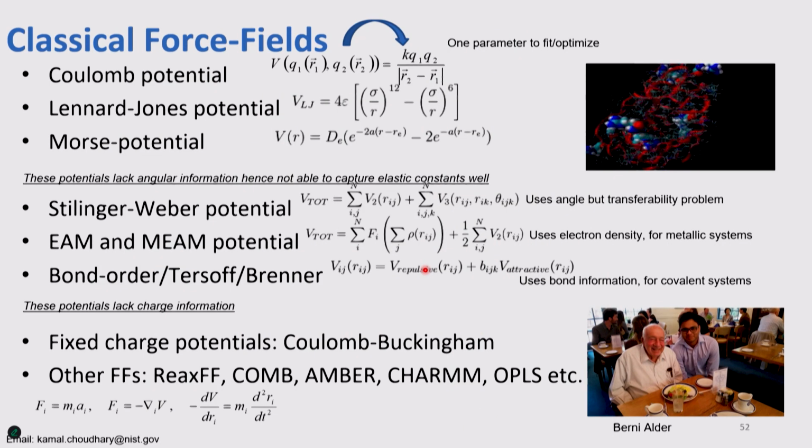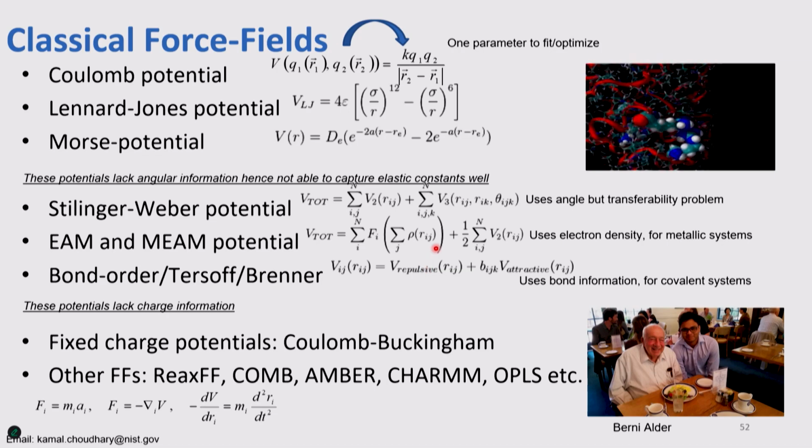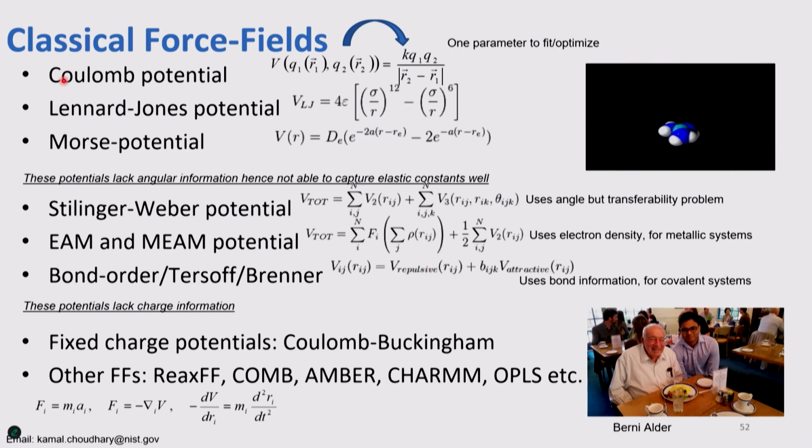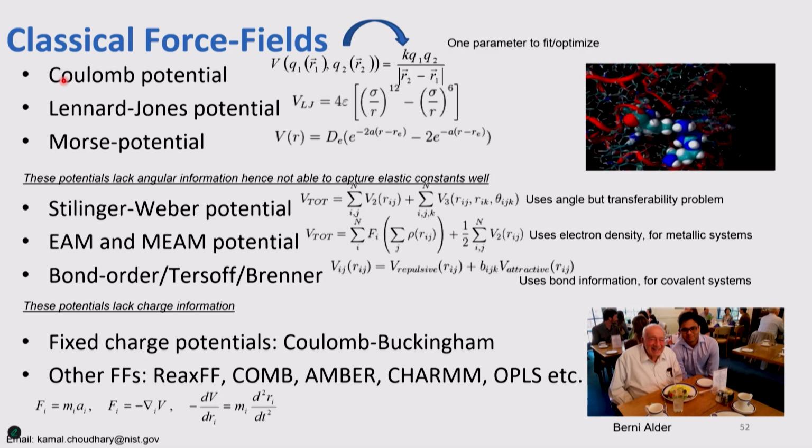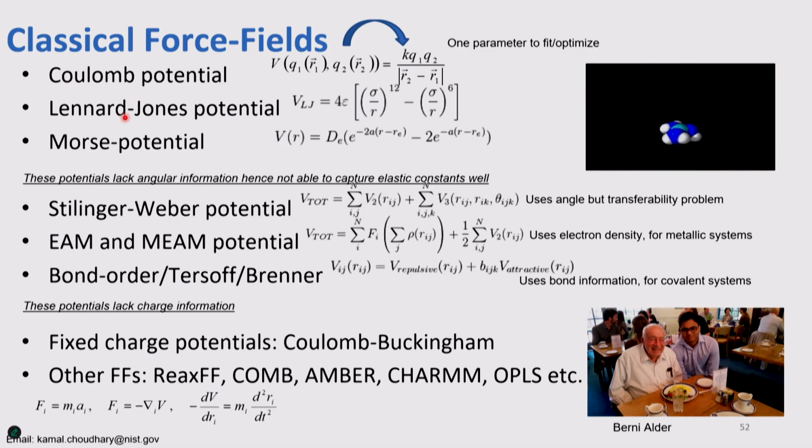There are many formalisms. So, yeah, this is Berni Alder, and he was the first guy to convert this F equals m a to actually solve for realistic materials, right. And as I said, there are many types of potentials, like Coulomb potential and Lennard-Jones potential. These potentials lack angular information, there is no three-body interaction.